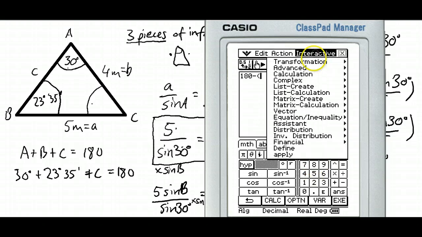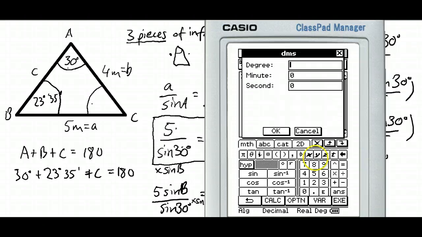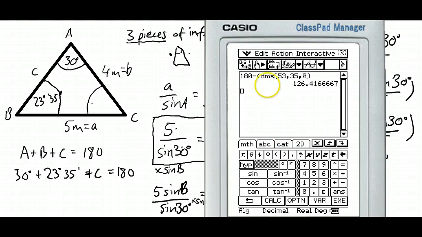Actually no, not that one, interactive transformation DMS, and then enter in 53 degrees and 35 minutes, and then go OK, and the calculator's automatically deducted that for us.